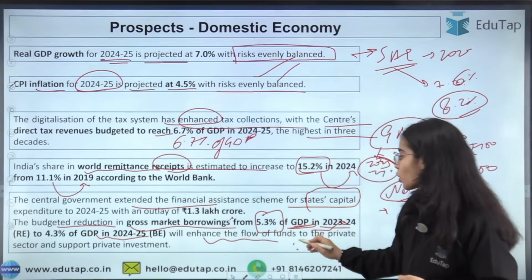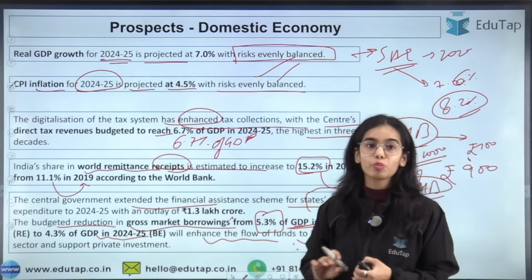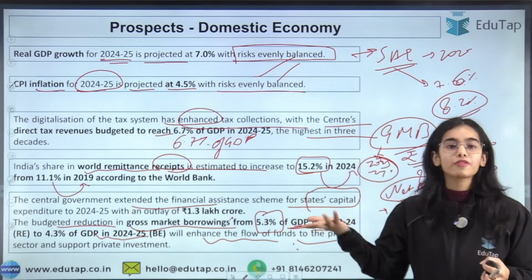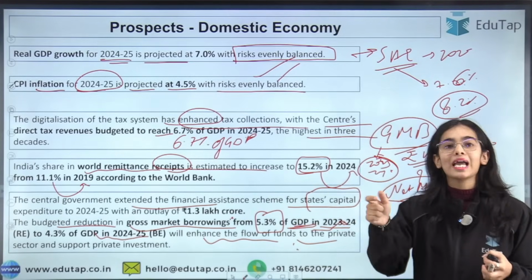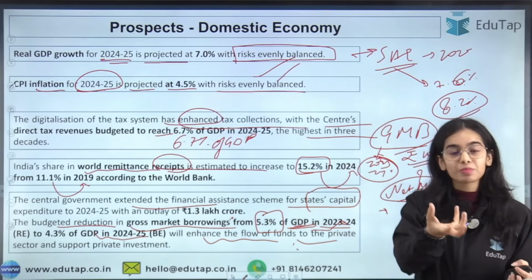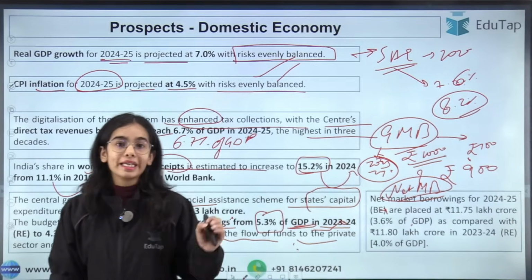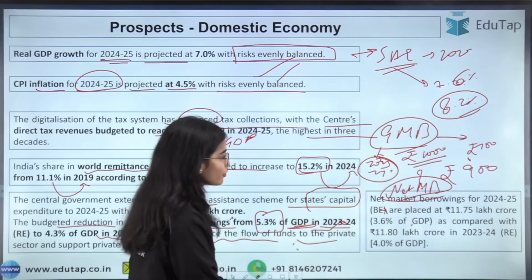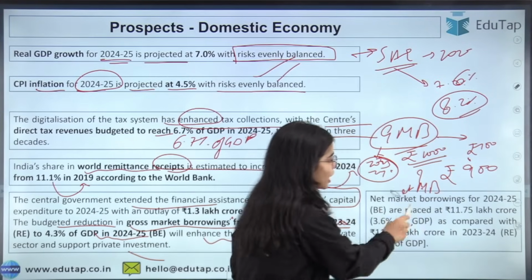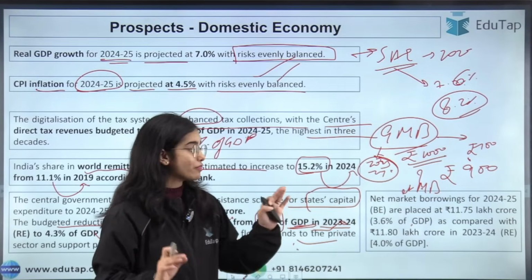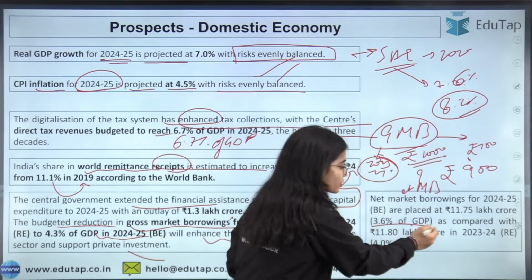This will enhance the flow of funds to the private sector. So more funds will be left in the country for the private sector to take loans, and the private sector can do more investment with the rest of the money, supporting private investment. Net market borrowings for the 2024-25 budget estimate are placed at 11.75 lakh crore, that is 3.6% of the GDP.